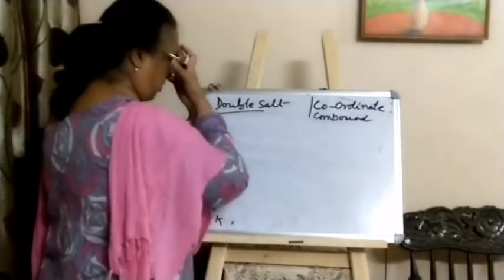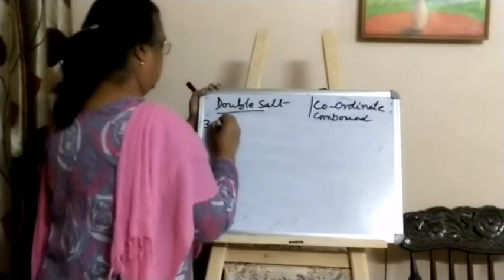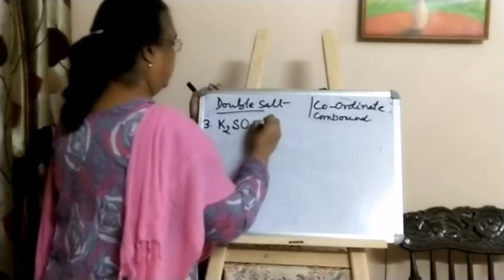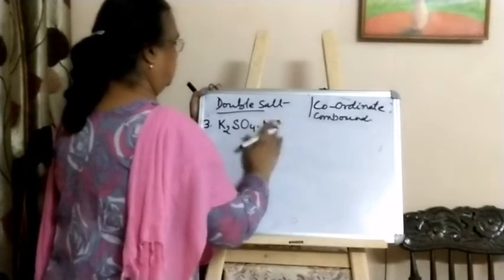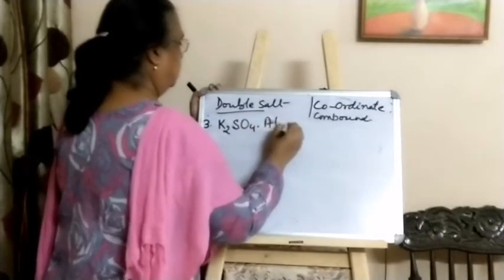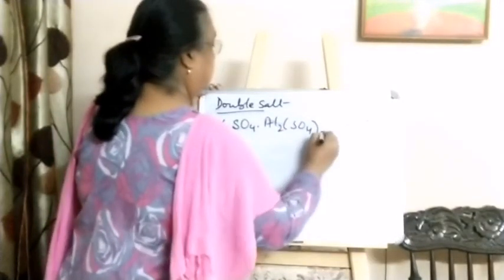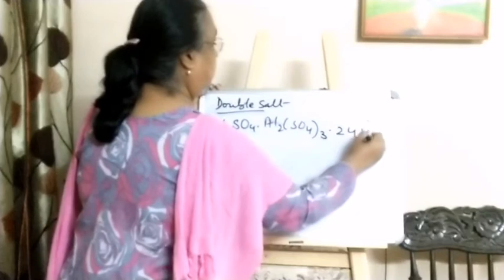So these double salts, this is a combination of two salts, K2SO4 and Al2(SO4)3 with 24 H2O.